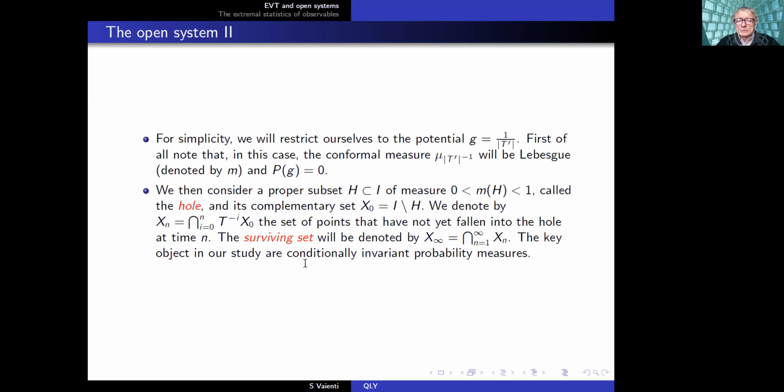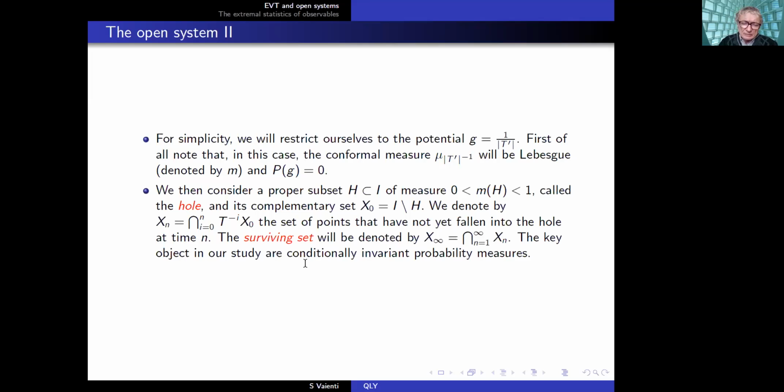Of course, there are very easy answers to this question. For instance, we can have periodic points. If the hole doesn't contain periodic points, of course, these periodic points will never hit the hole. So the surviving set can be made by some elementary class of sets, for instance, periodic points, if they are not in the hole.